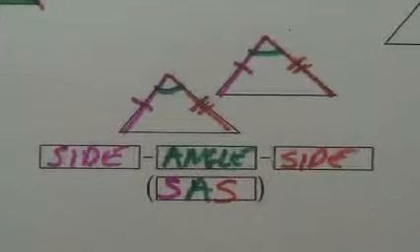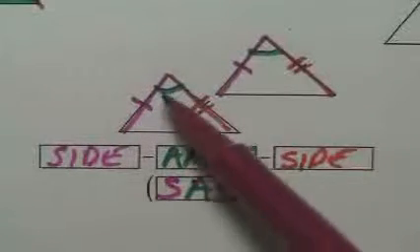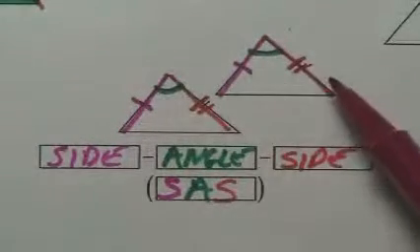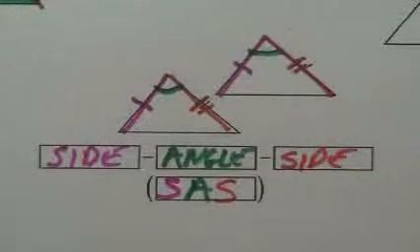Side, angle, side. So we can say that two triangles, if they have the same side, an angle, and a side in a row. So notice how it's consecutive in a row. Then we can say that these two triangles are congruent.